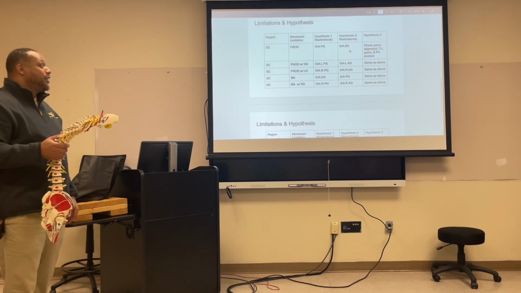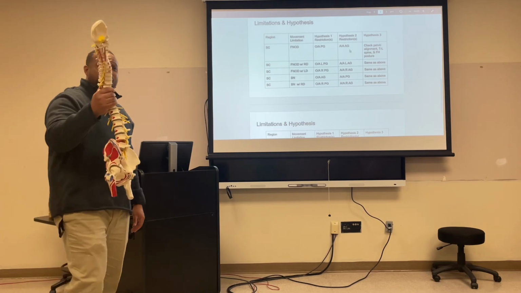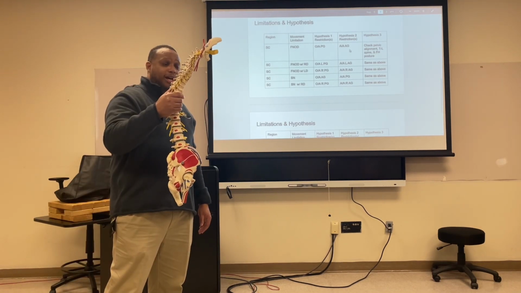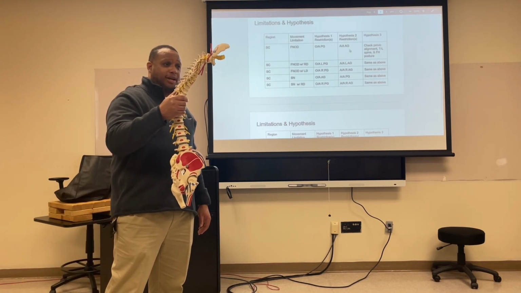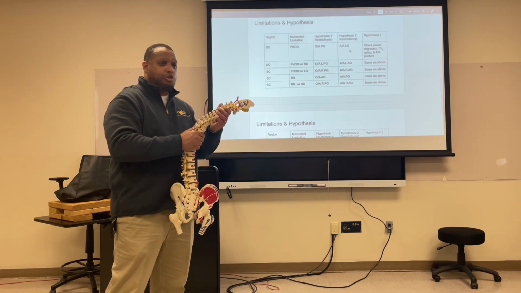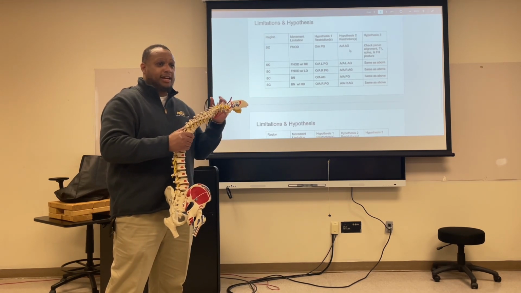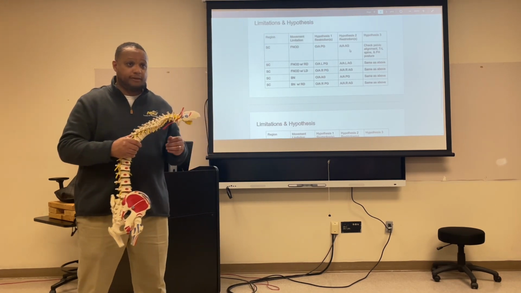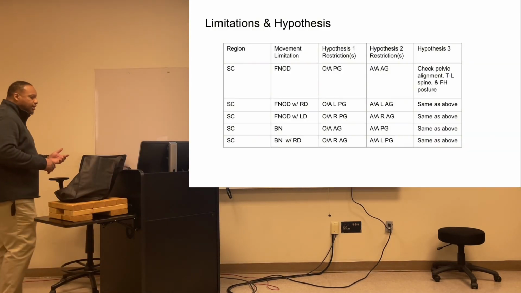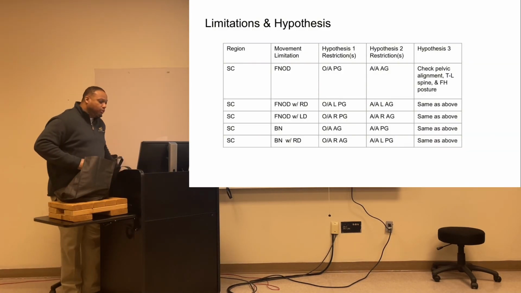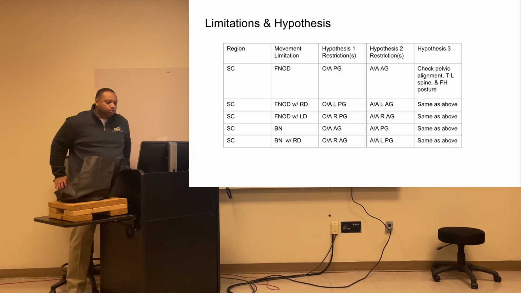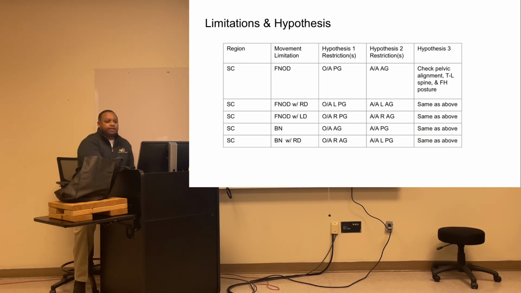So what is this telling you with these hypotheses? You're going to have to understand the orthokinematics. You're going to have to come in and play around with Charlie and visualize it and go through it so many times so it can stick. So with backwards nodding being the movement limitation, hypothesis 1 is that there could be a restriction in the OA anterior glide.